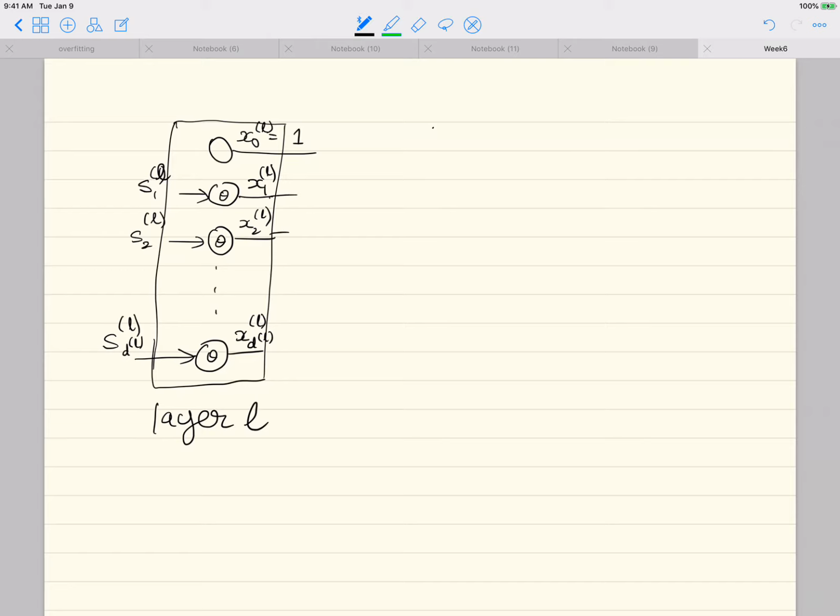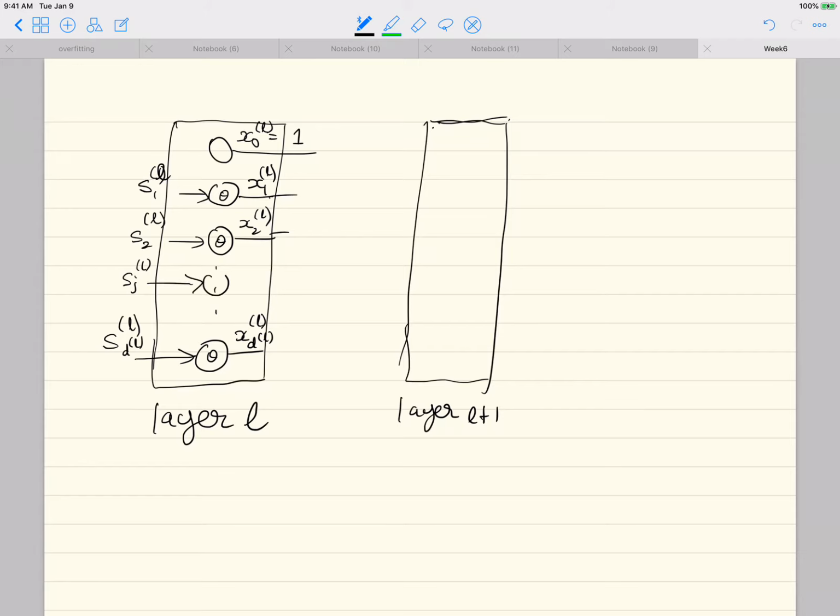Then this goes into layer L plus 1. Let's look at one node here as j of L. This is the input into node j with output Xj of L. All these are fed into a weight matrix W, superscript L plus 1, to get inputs into the next layer.